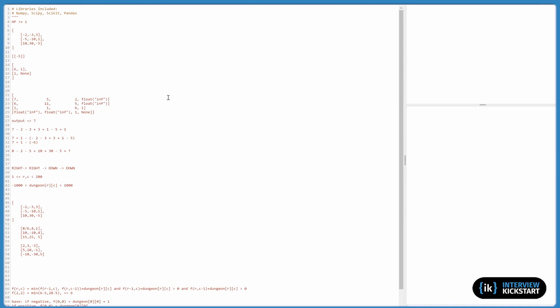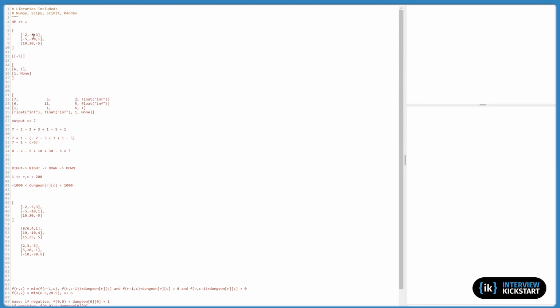For 5, you would take the minimum. Oh yeah, you would take 5. So you would take 6 minus 1, which is 5, or you take infinite, but infinite is bigger, so you take the minimum of that one. So that's 5. And then 2, you would take 5 minus 3, or the infinite, and you take 2.